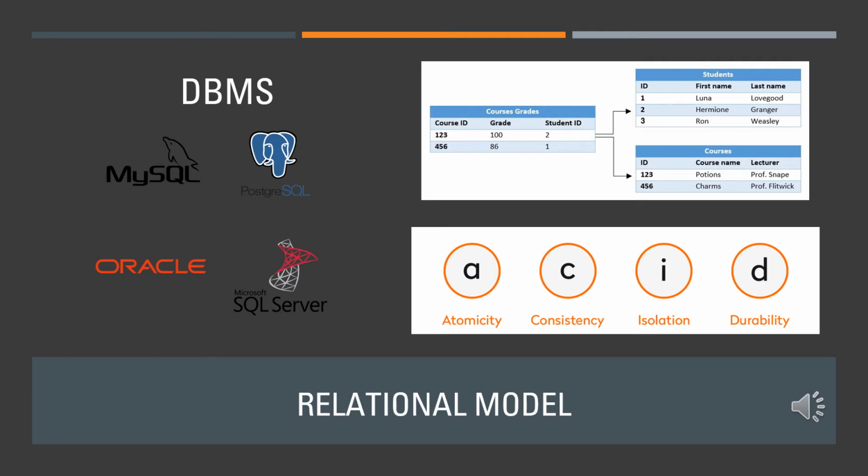The I for isolation, which ensures that unfinished transactions remain insulated. And D for durability, the principle that ensures that the data is saved by the system even if the transaction fails. And these ACID properties ensure the quality of the transaction and a secure management of data.